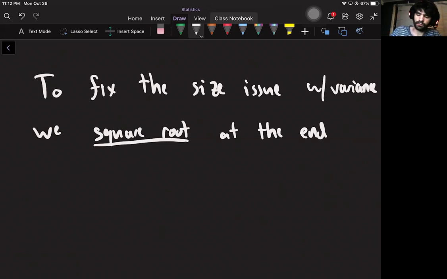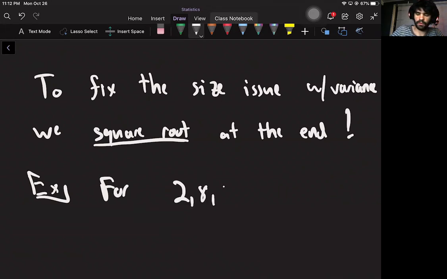So that's all we're going to do. For the first example, for this guy, 2, 8, 10, and 20, we figured out the variance was 42.